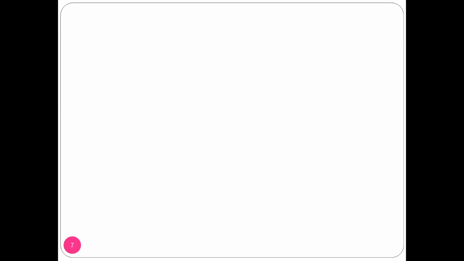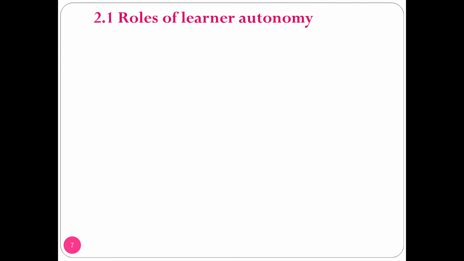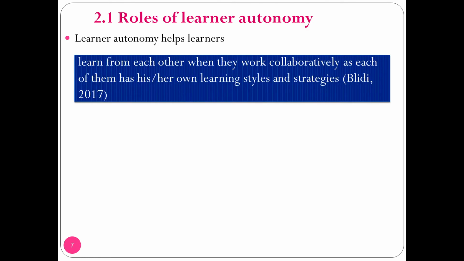Okay, let's move to the second part, literature review. First, I would like to talk about the roles of learner autonomy. Learner autonomy helps the learners learn from each other when they work collaboratively, as each of them has his or her own learning styles and strategies.